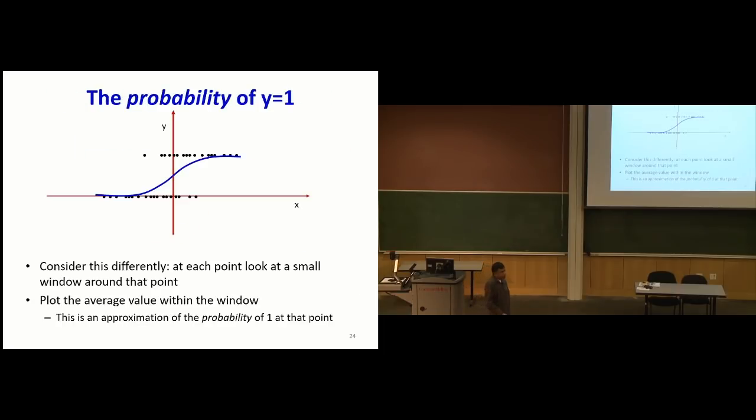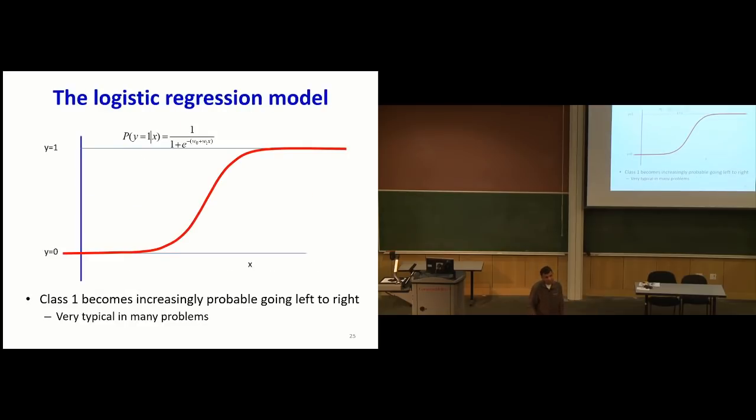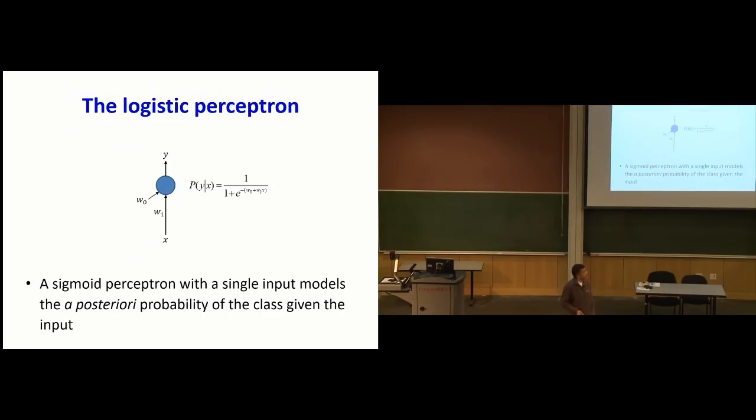And so what we will do is try to fit a sigmoid on top of this curve. The learned sigmoid is going to give you your best guess for the a posteriori probability of y given x. The sigmoid we are all familiar with. This is just a standard sigmoid neuron where the inputs have some weights and there's a bias.